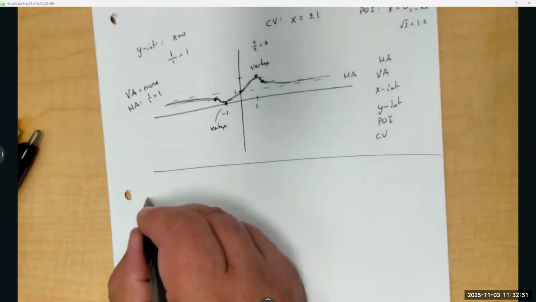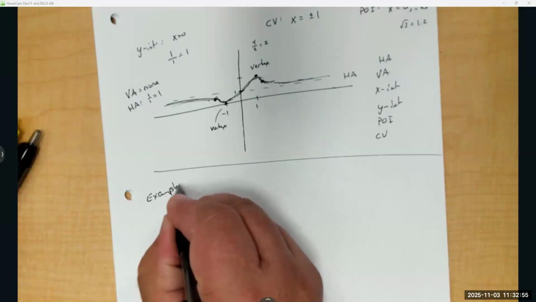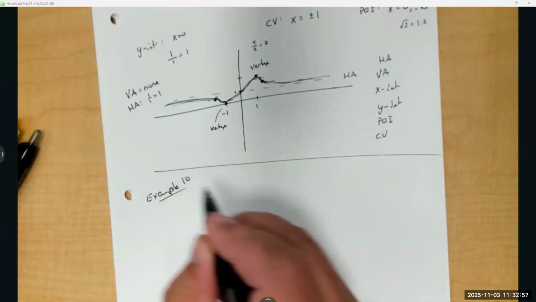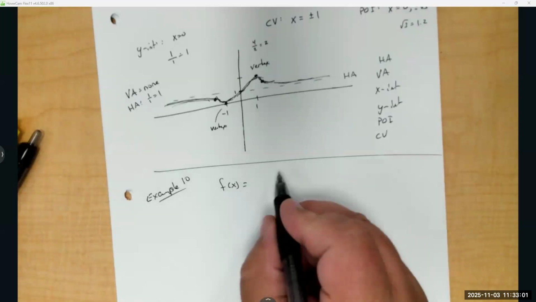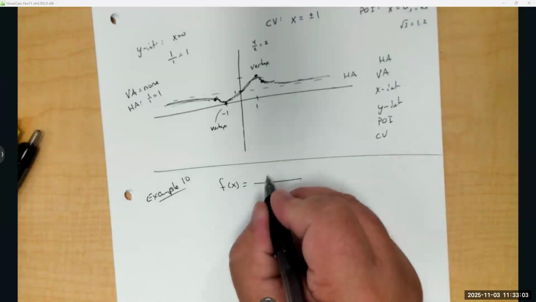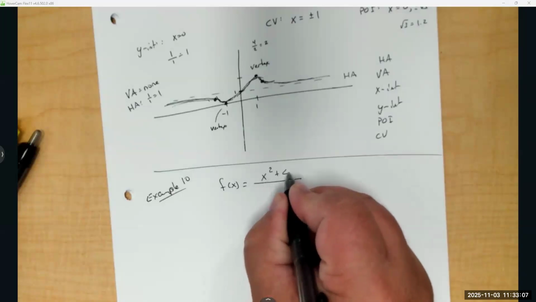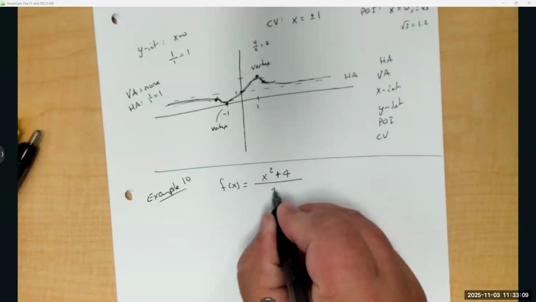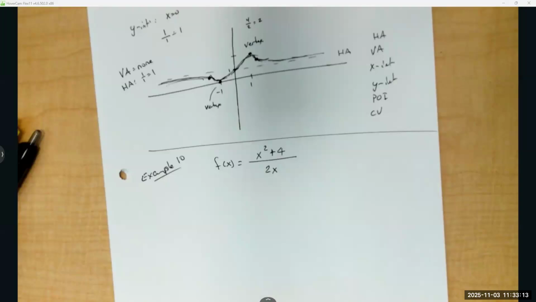Let's look at another one. Example 10. Sketch this one. We have another radical, irrational, I mean. So looking at this equation, what can you tell me?